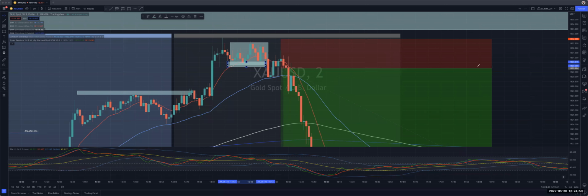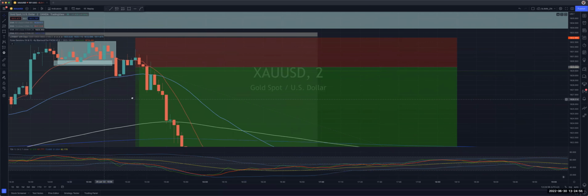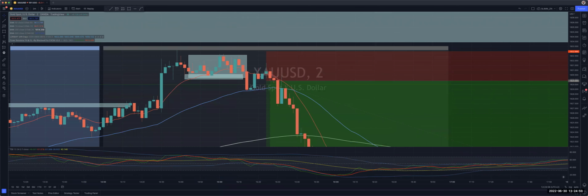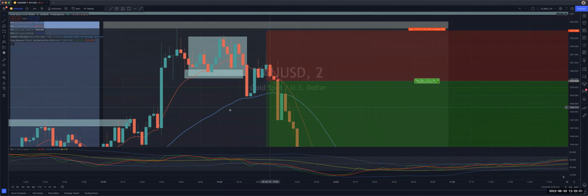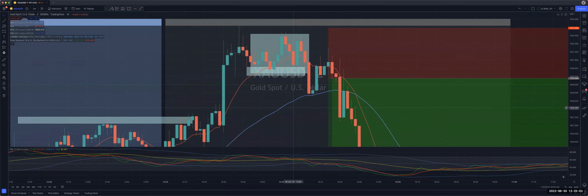Okay, so let's see if we can zoom in. Okay, on that same area, you can see the order block is this one.